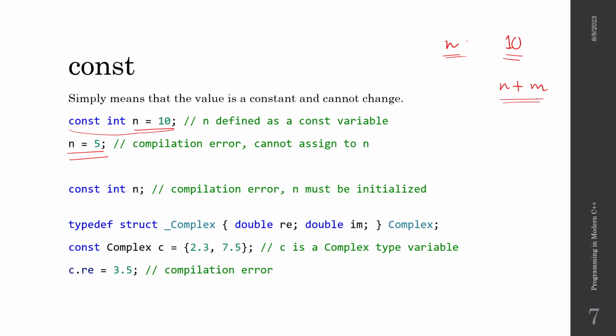So this might be our mathematical formula. So instead of writing this, if we write 10 plus 20, then later on when somebody else is reading the code, it is difficult for them to understand what this is. So instead we use the letters.